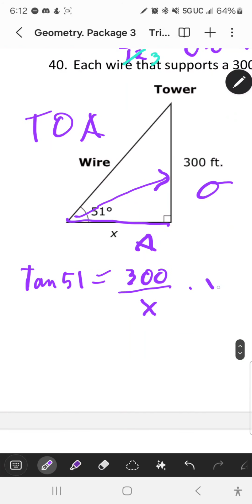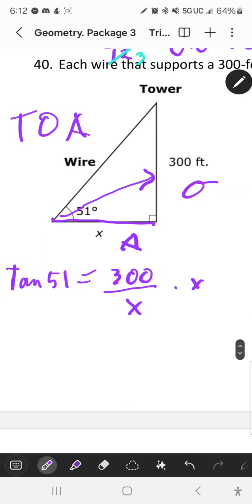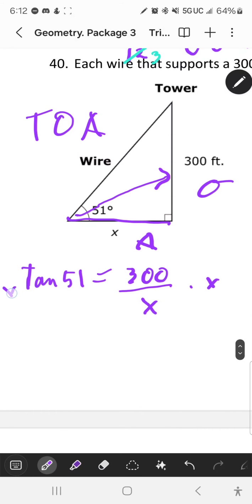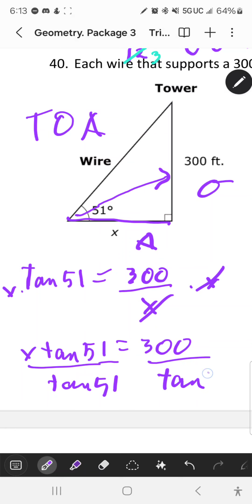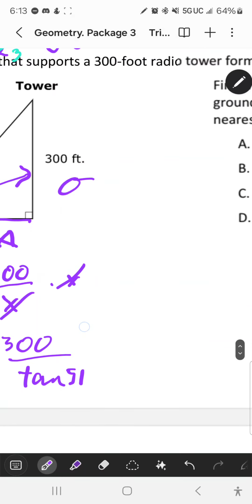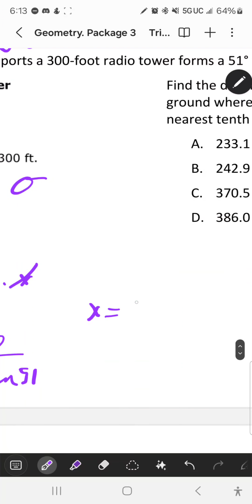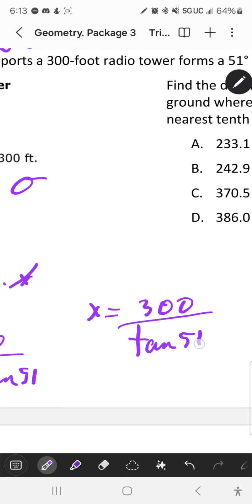So if I multiply both sides by x, this one here cancels, and I get x tangent 51 equals 300, and I can divide both sides by tangent 51. And this cancels, and I get that x equals 300 over tangent 51.